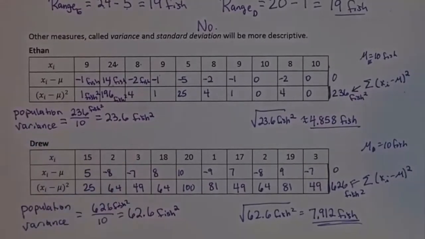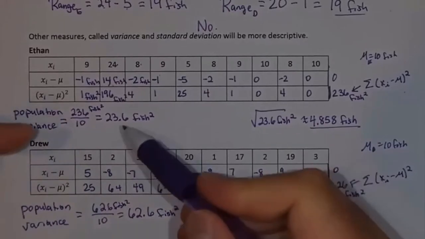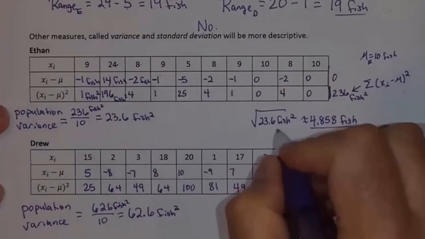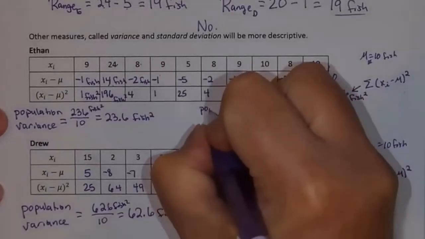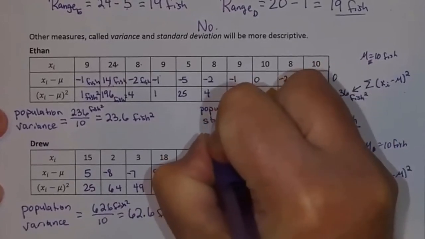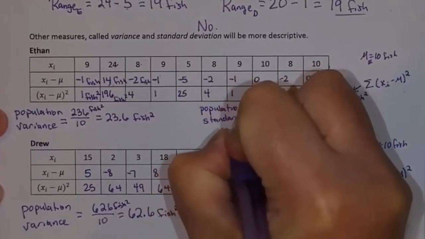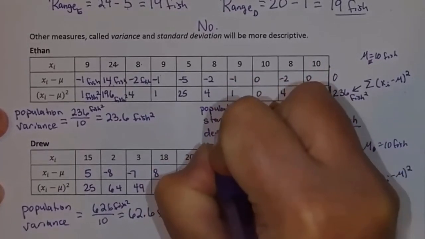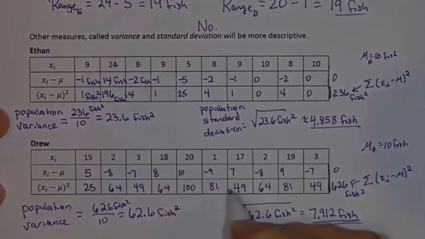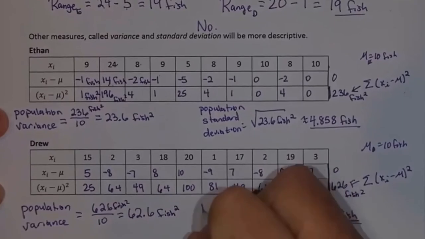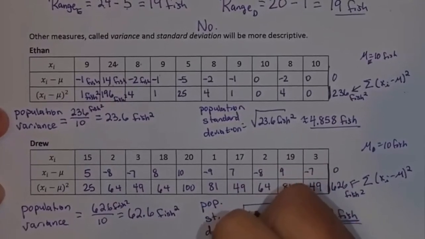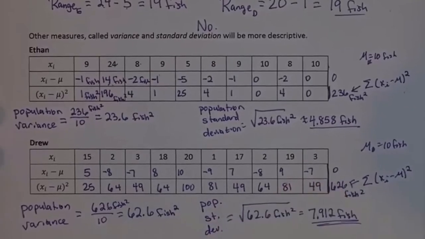Now this calculation, when I take the square root of the variance, is called the standard deviation. And specifically, this is the population standard deviation. I'm just going to abbreviate for Drew. That's the population standard deviation.